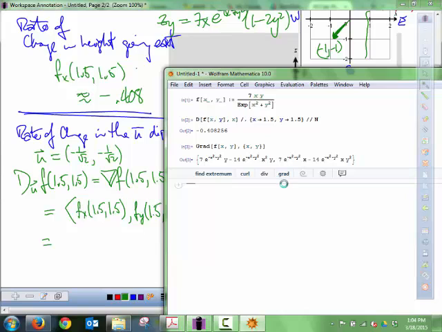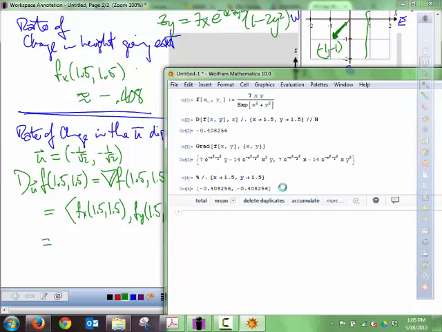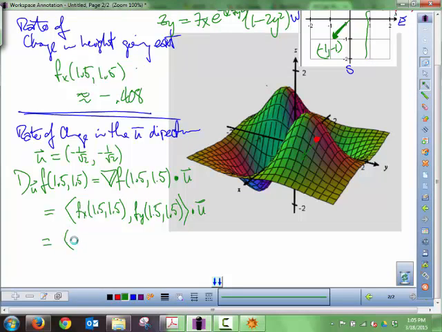So that's the gradient, and then I want to evaluate that when x is 1.5 and y is 1.5. And so I do get the same numbers. So negative 0.408 comma negative 0.408. And then I'm going to dot that with negative 1/root 2, negative 1/root 2. So it's just a simple dot product, it looks like.